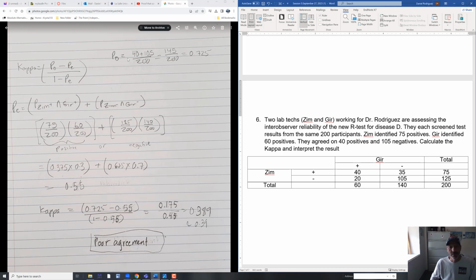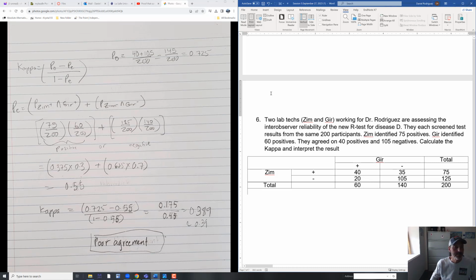What's our proportion observed agreement? We had 40 cases in which both Zim and Gur agreed that the individual is positive for disease D. We had 105 where they rated the individual negative for disease D, so that's 145 out of those 200. So that's our observed agreement, proportion observed, 0.725.